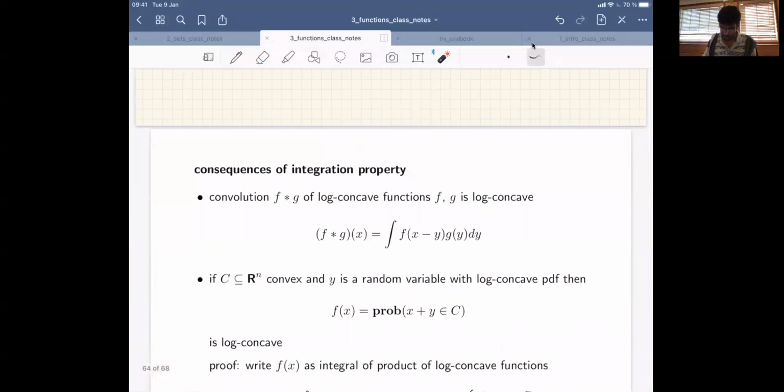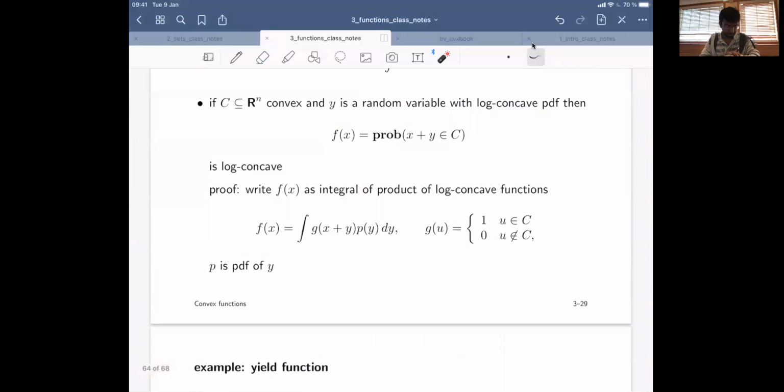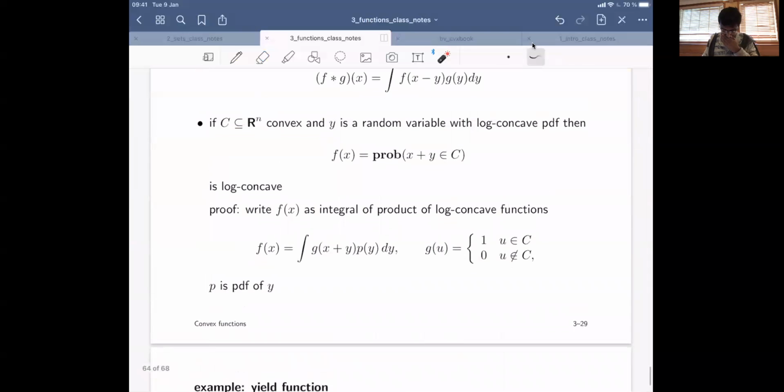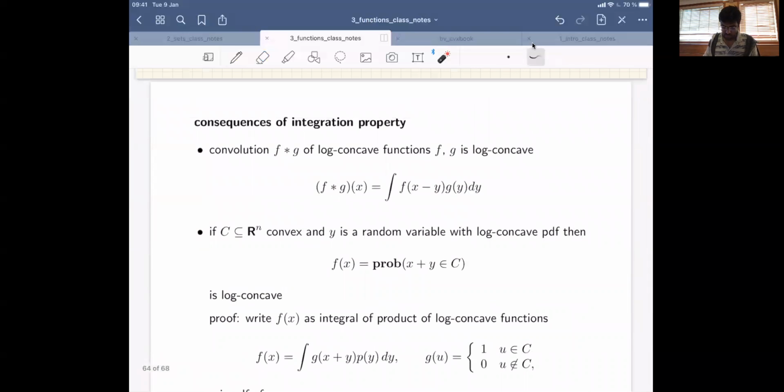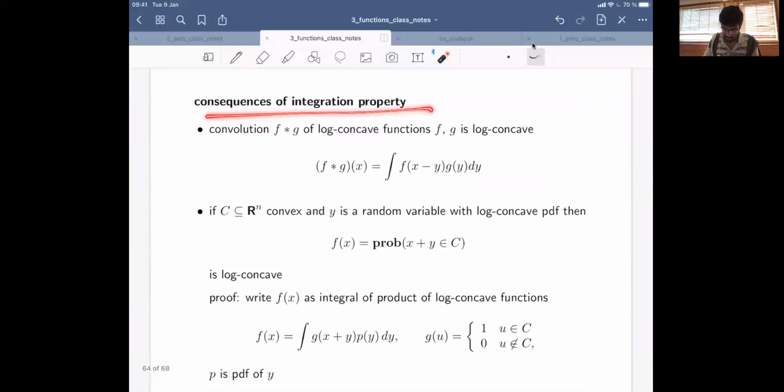So some consequences. We'll just rush through these topics. One is convolution. What is the convolution between two functions? This is the basic convolution formula.